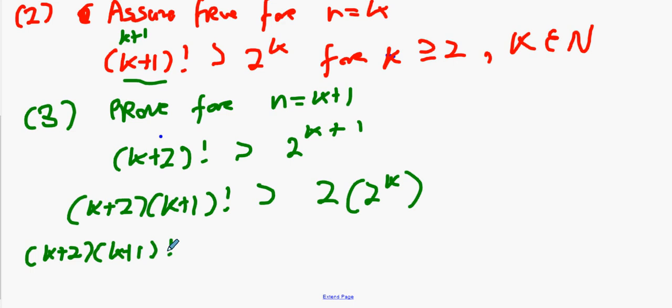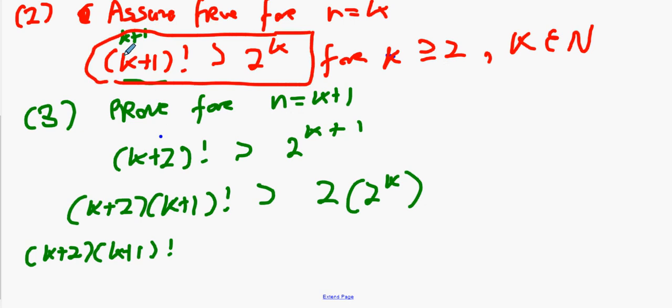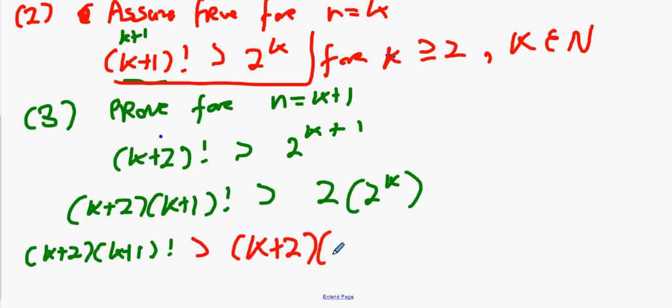What can I replace (k plus 1) factorial with? Not exactly replace it with, but say that it's bigger than (k plus 2) times 2 to the k, and I in turn want to prove that that's bigger than 2 times. Oh, this turned out nice and easy now.